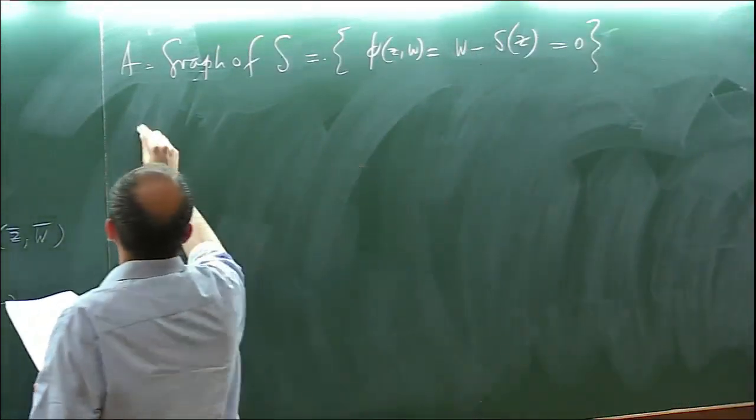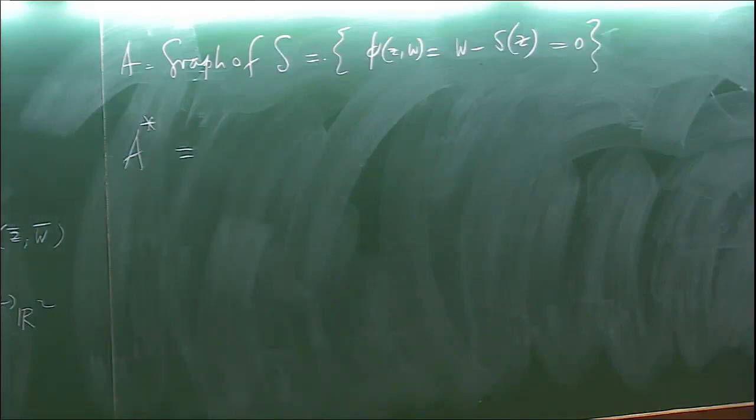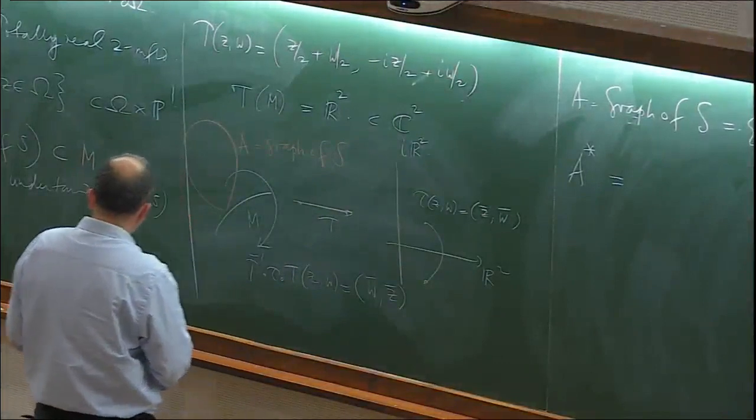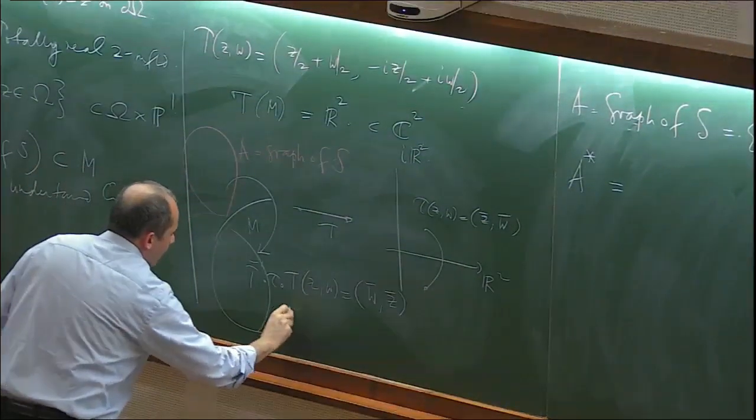And I'm going to reflect this now, A star. Reflection has to be done under this involution now. Okay. So let's draw a picture. So here is A, the graph of S. And this is my reflection, A star.